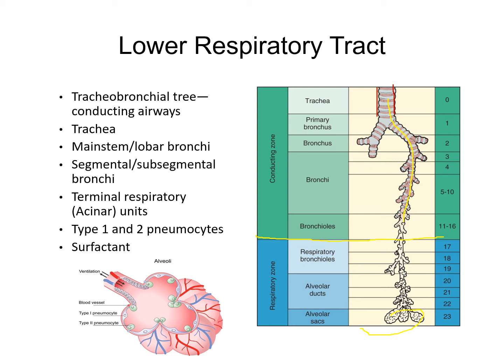So now we're going to move into the right mainstem and the left mainstem bronchi. So remember, this is where the pathology comes in. The right mainstem bronchus is wider and shorter than the left one, and it diverges at approximately a 25-degree angle from the trachea. The left mainstem bronchus leaves the trachea at an angle of 40 to 60 degrees and passes below the arch of the aorta and behind the left pulmonary artery before it enters into the root of the left lung.